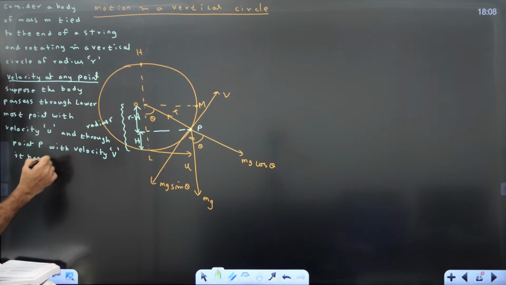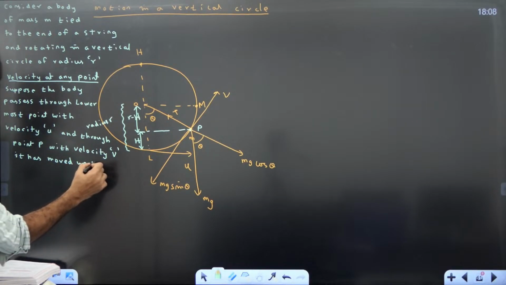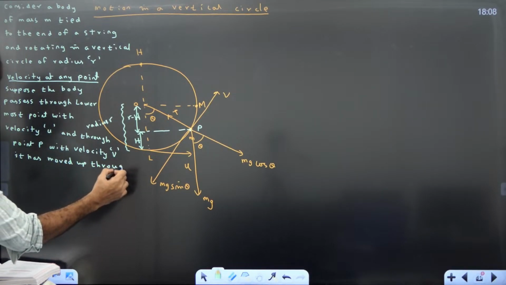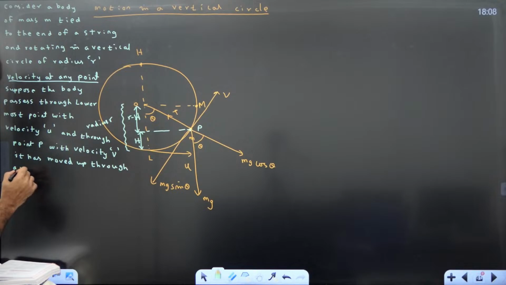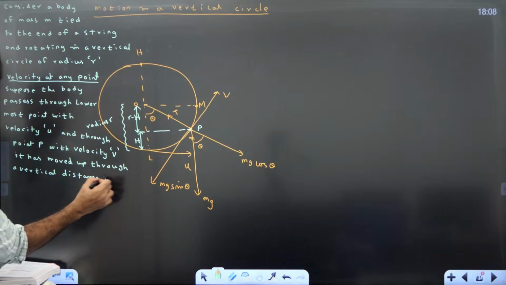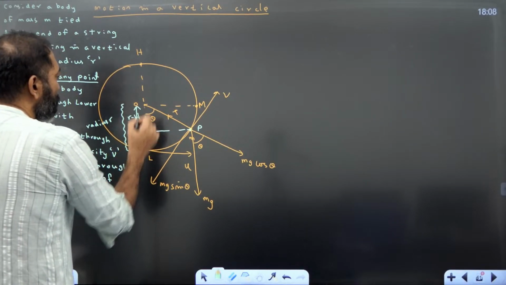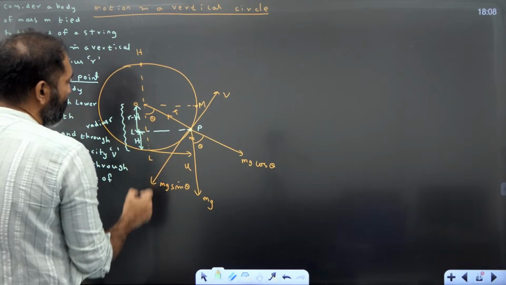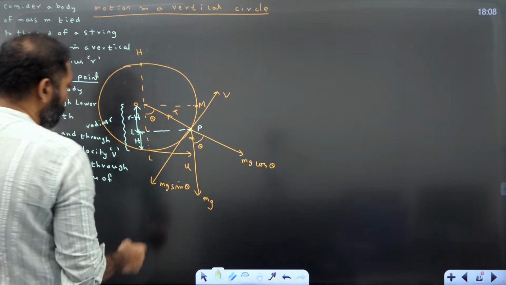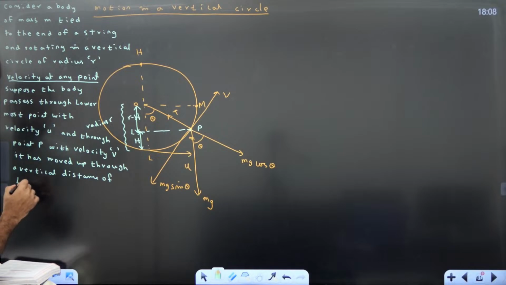It means the body has moved up through a vertical distance. Let this point be L. What will be the vertical distance? Ln is equal to what?